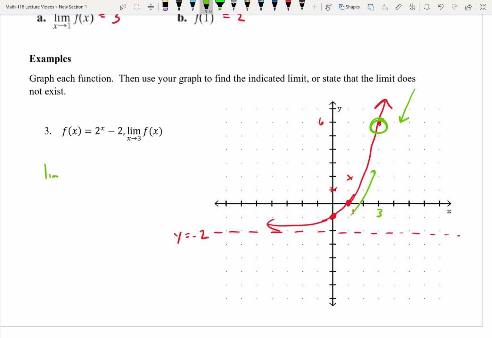So the y value, you would say the limit as x approaches 3 of f of x equals 6. So that happens to be the actual y coordinate there as well, which sometimes happens. But again, the limit doesn't have to be defined. We could have a hole or something else going on. It doesn't have to be defined at that particular x, although sometimes it is, as it was in this case.